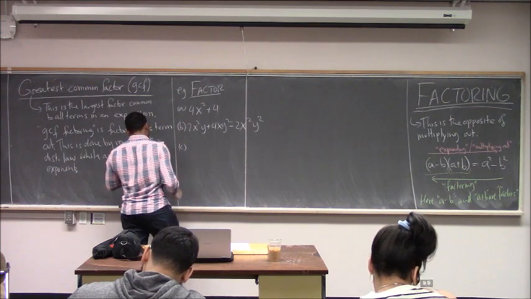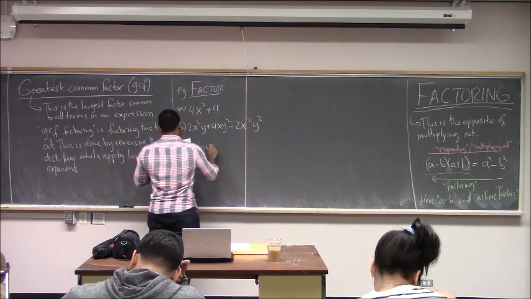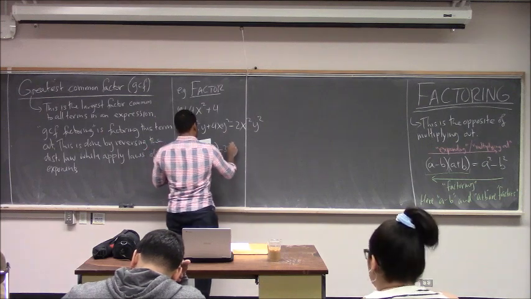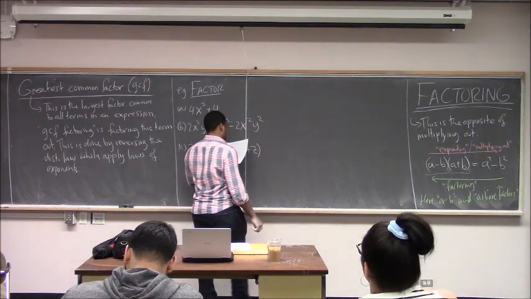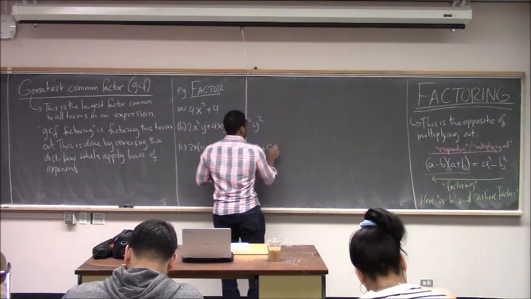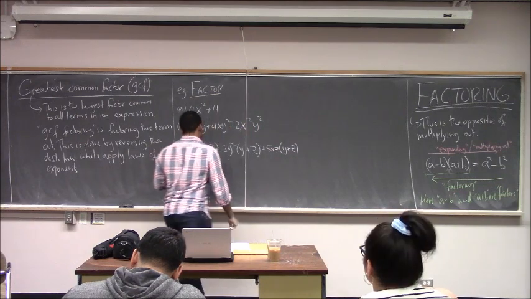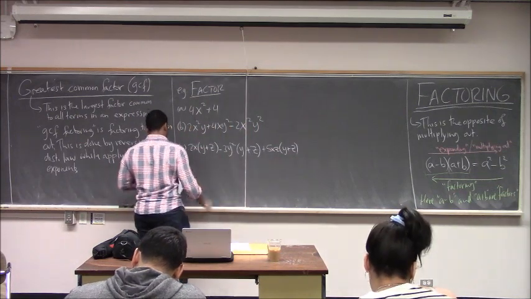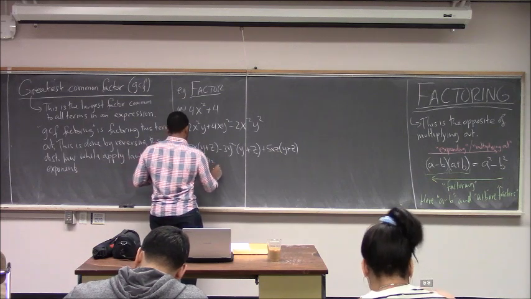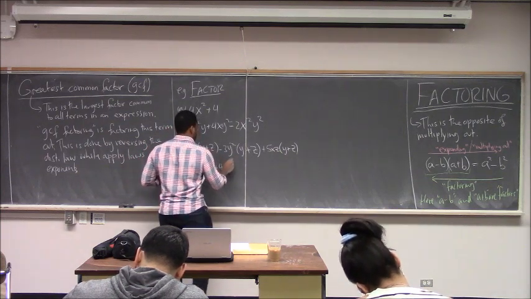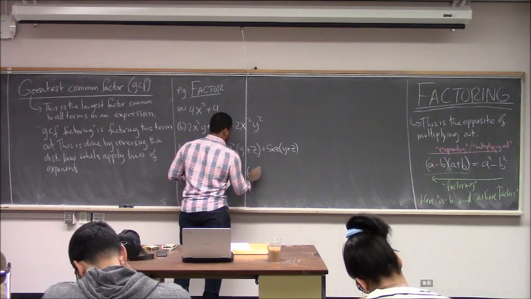C. 2x times y plus z minus 3y squared times y plus z plus 5xz times y plus z. D. 2x to the 3 over 2 plus 4x to the 1/2 minus 6x to the minus 1/2.